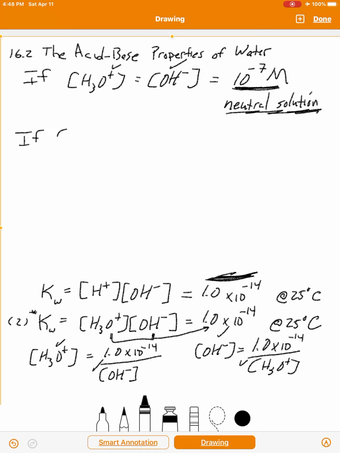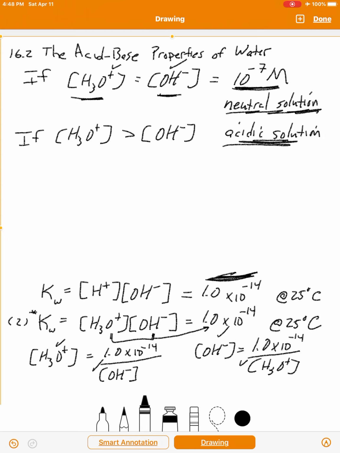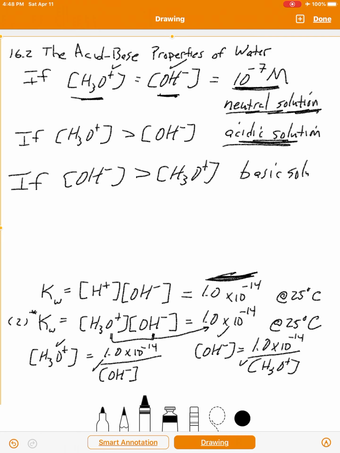If the concentration of hydronium is greater than the hydroxide concentration, then we call this an acidic solution. So there's more hydronium than there is hydroxide. We call that acidic. And if the concentration of hydroxide is greater than hydronium's concentration, we call that a basic solution, or alkaline.